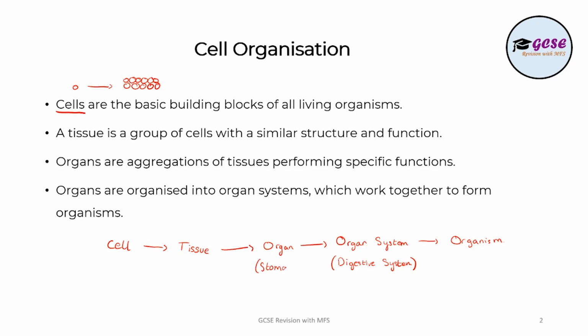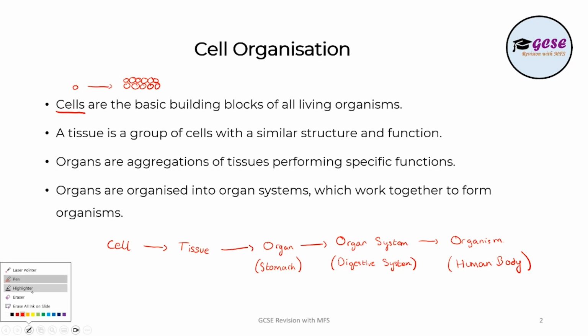We know that the stomach has an important role in the digestive system, along with the small intestine, the large intestine. All of the organs work together to form the digestive system. And then you've got cells, you've got tissue, and the organism is basically the human body. The whole human body is the organism that we are talking about in this case.